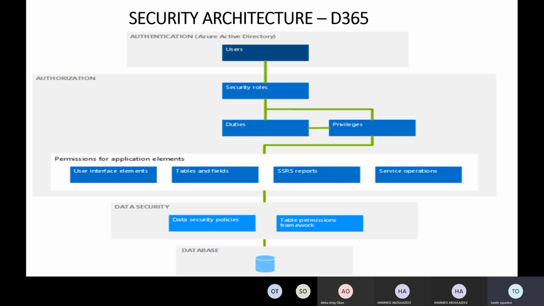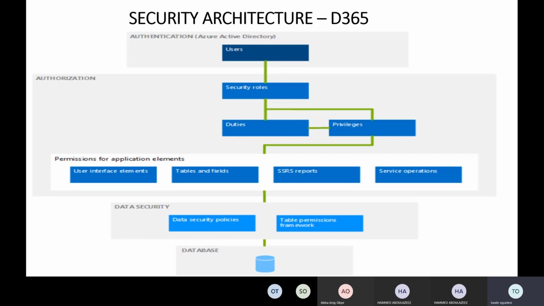But what I'm going to talk to you about today is let's start with the very basics, which is the authentication. The authentication, as you can see from here, comprises the users. If you want to provision a new user, from most projects that I've been on, it has to be done via the Azure Active Directory.